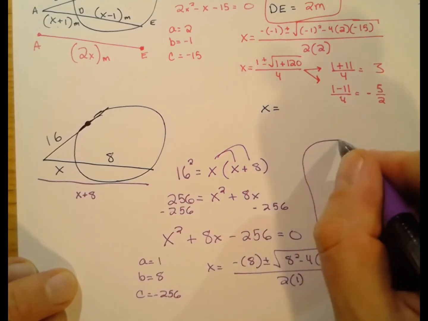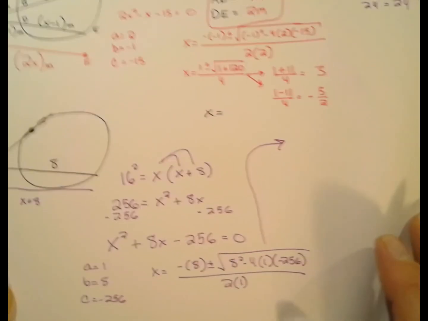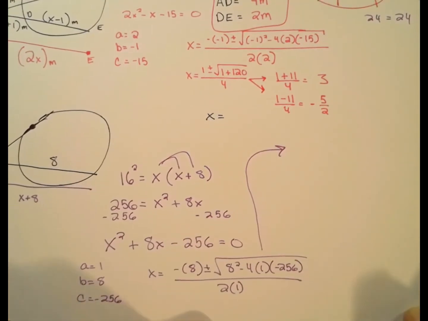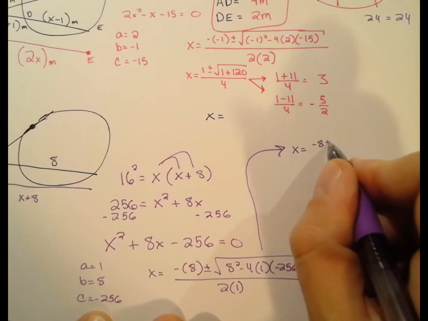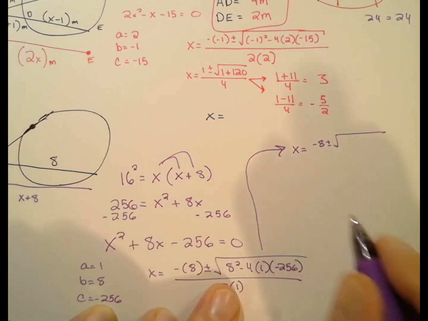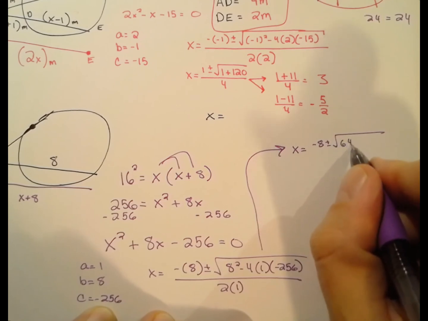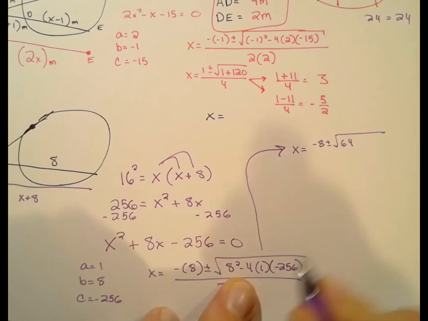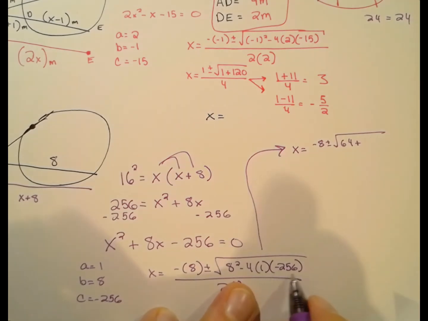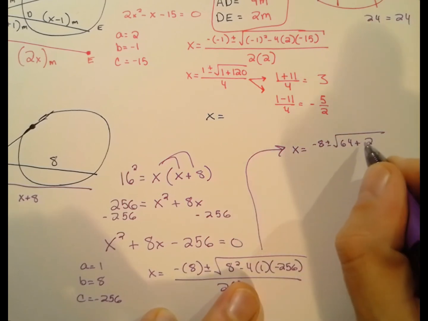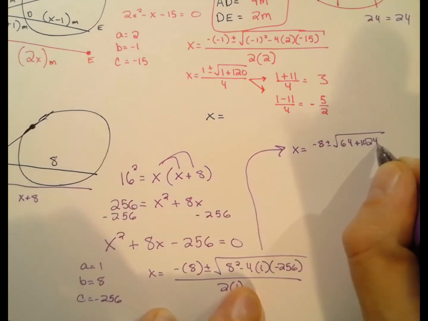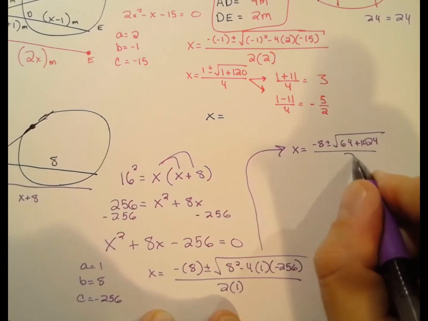All right, let's clean this up a little bit here. So negative 8 plus or minus 8 squared is 64. Minus times a minus is a plus. And 4 times 256, it's 1024, all over 2.